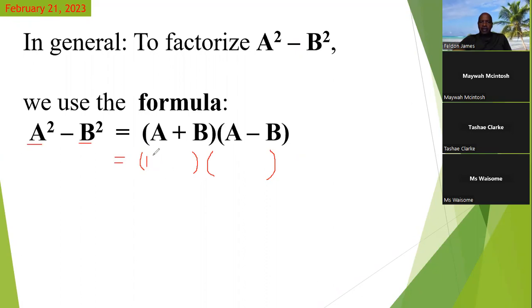So we put the A here, we put the B here, we put the A here, and we put the B here. So we put the bases in the brackets, which means we put them in without the powers. And then all we have to do is remember that one is a plus and one is a minus. And that's all there is to it.